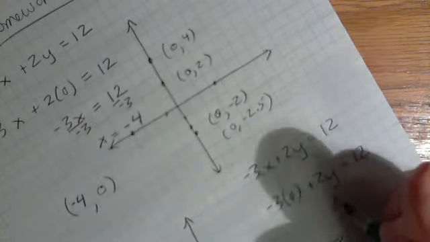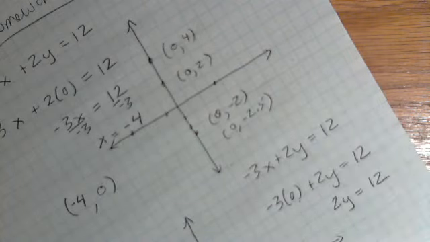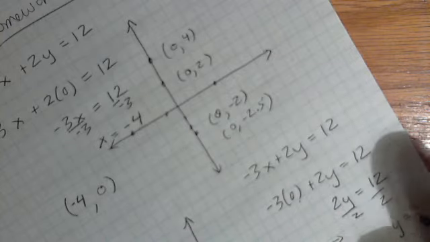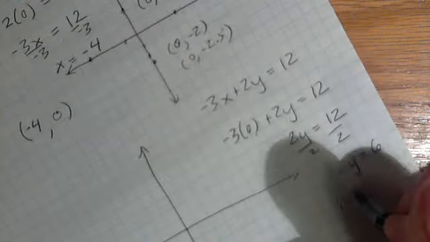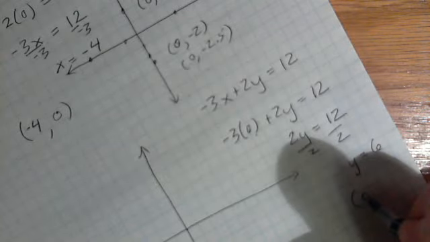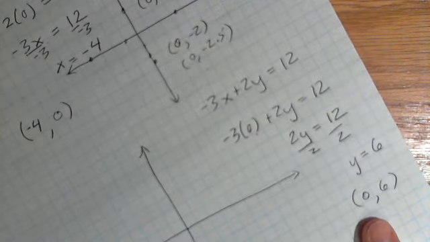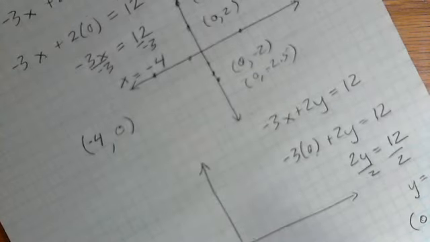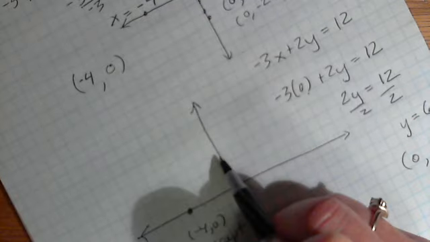And I get this mini equation, 2y equals 12. Solve it by dividing both sides by 2, and I get y equals 6. Now, I've just found out that when x is 0, I get the y-coordinate as 6. And I've just found my y-intercept. When I graph it, 0, 6, go left or right 0, and go up 1, 2, 3, 4, 5, 6.